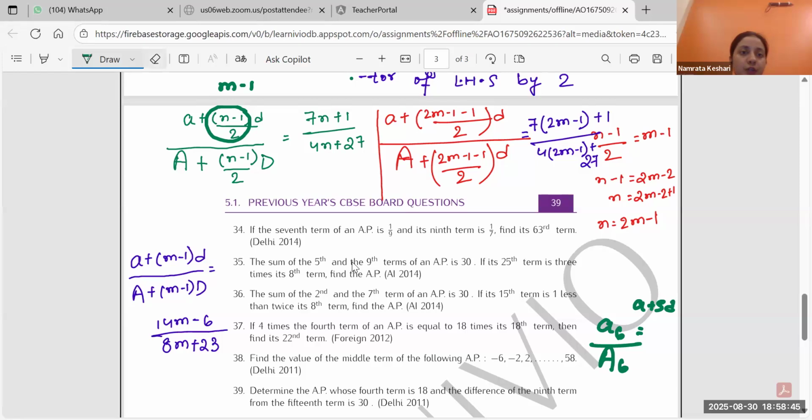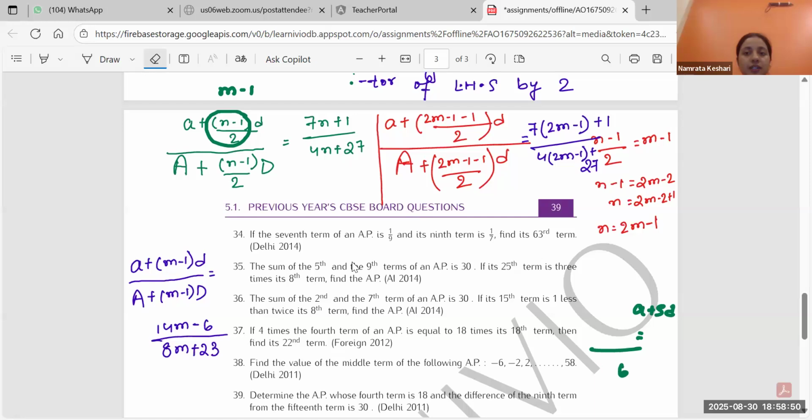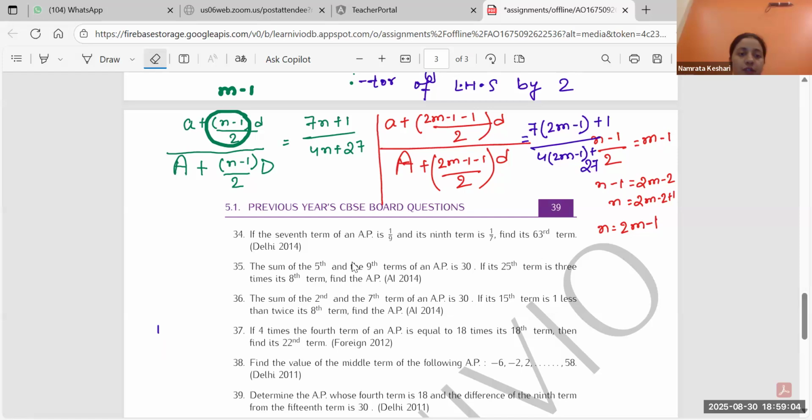Okay, same thing we are doing over here. What are we doing? We are substituting (n minus 1) by 2 as m minus 1. Why? Because we want to check what can be substituted at the place of n, so that we will be able to create the structure of the ratio of the mth term of the first AP over the mth term of the second AP.